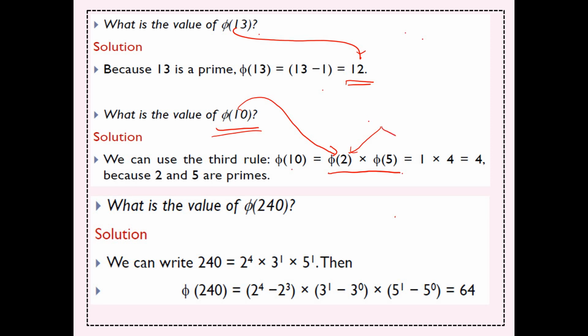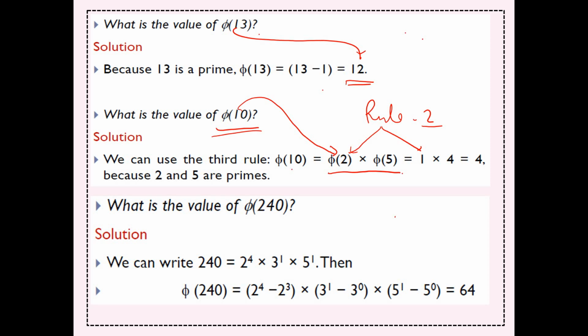As these are applicable to rule number 2, we get 4 into 1. So 4 will be the answer for phi of 10. Now come to the next one. Any doubt at this point? That's it. Now let's see whether you are able to solve this one.